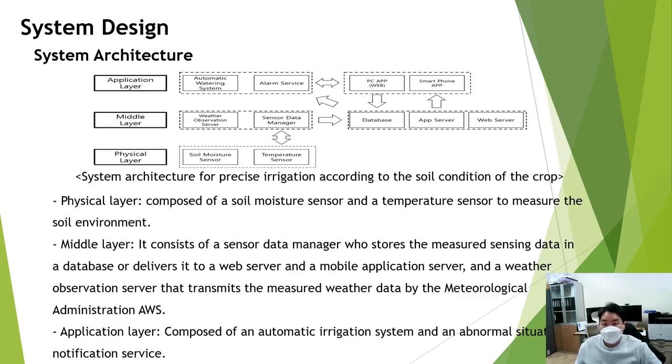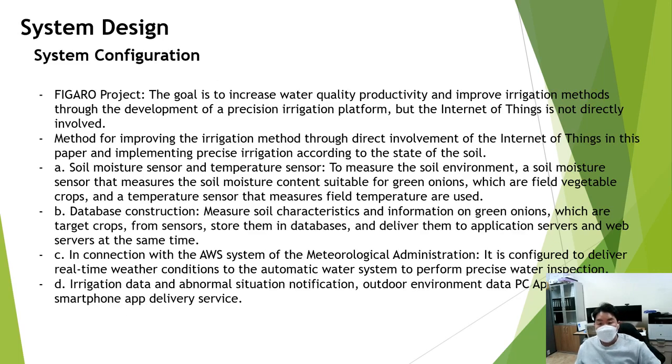Finally, the top application layer consists of an automatic irrigation system and an abnormal situation notification service. Each service will be described in detail in the next chapter, implementation. It is the composition of this paper.